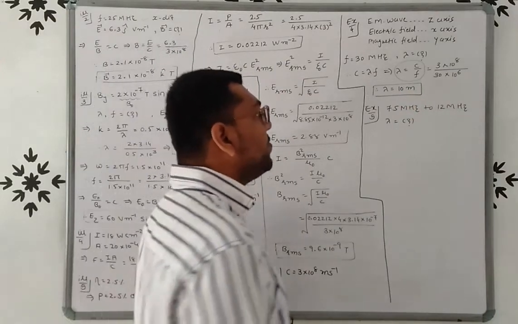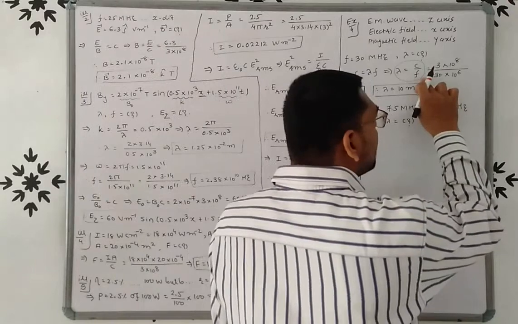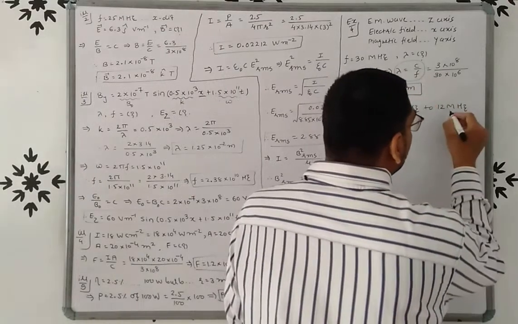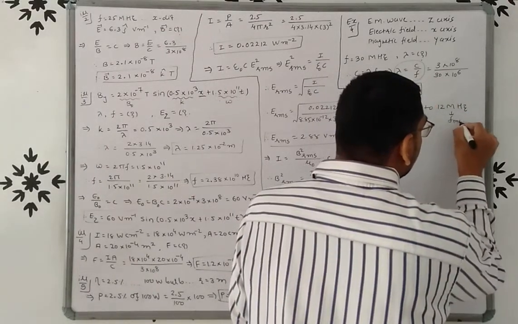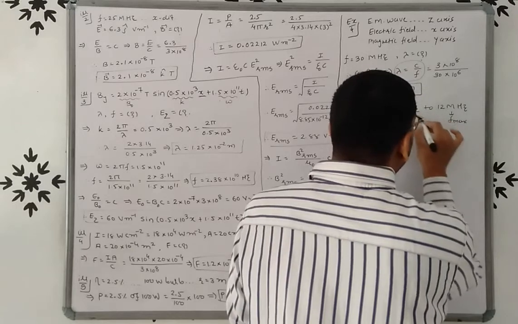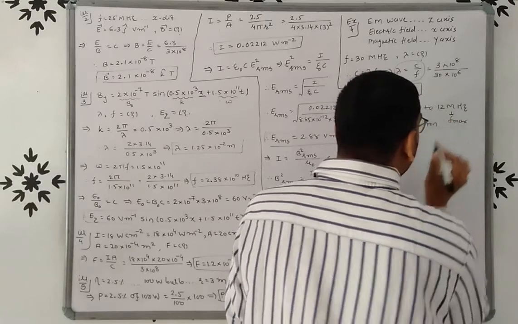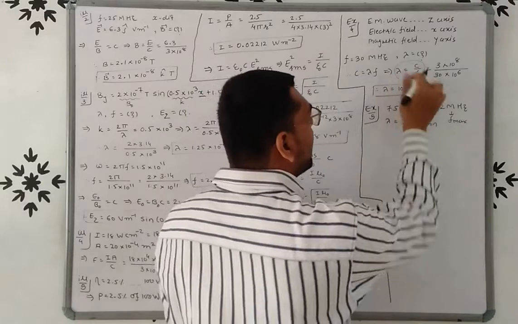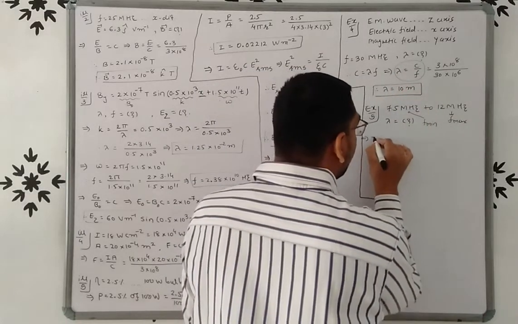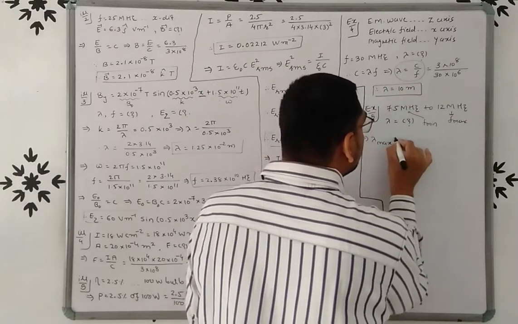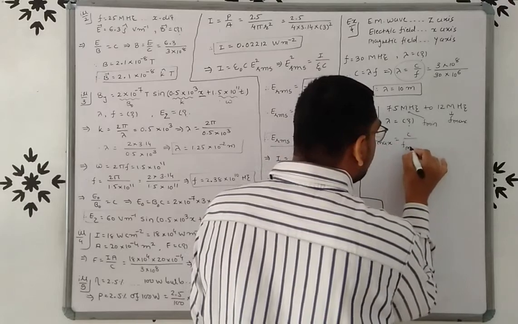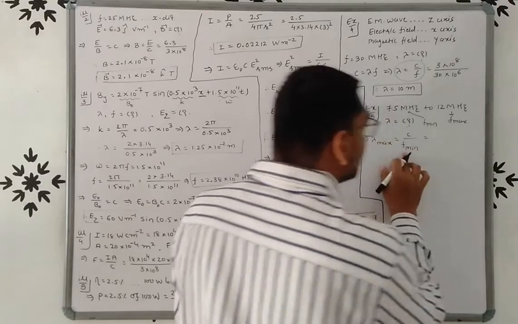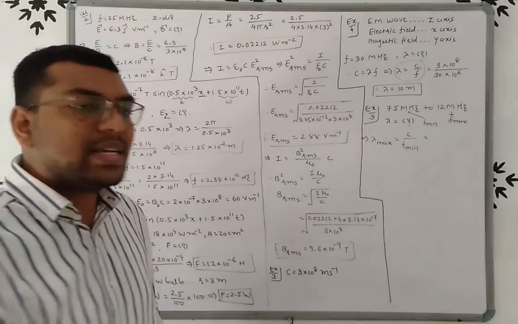So here if the frequency is maximum, then lambda minimum. So here this is the maximum frequency and this is the minimum frequency, right? So here we know that lambda is equals to c by f. So lambda maximum that is equals to c by frequency minimum, because if frequency is minimum then wavelength maximum.